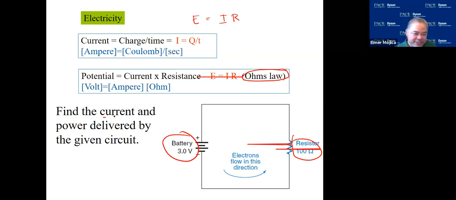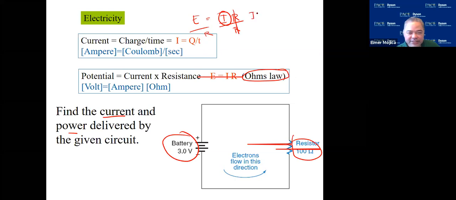So you are asked here now, find the current and the power delivered in the given circuit. So if we rearrange this, we're going to get the current, right? And once we get the current, we can determine the power. So how do we determine the current here? We divide both sides by R. So I is equal to E over R. So what is the E? 3 volts divided by 100 ohms.